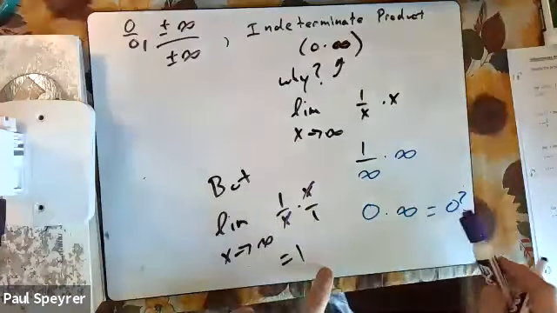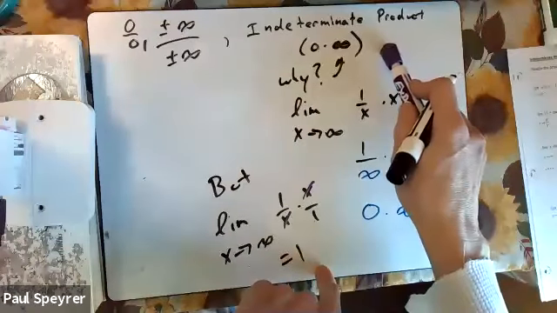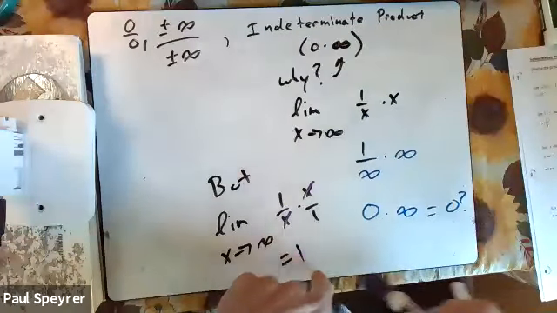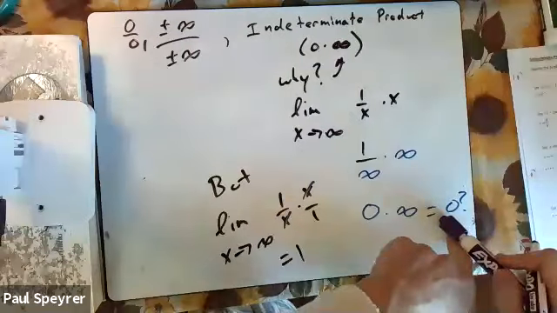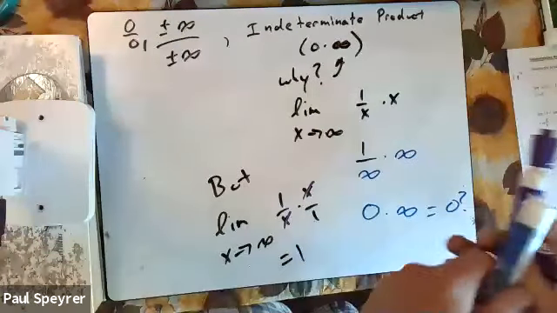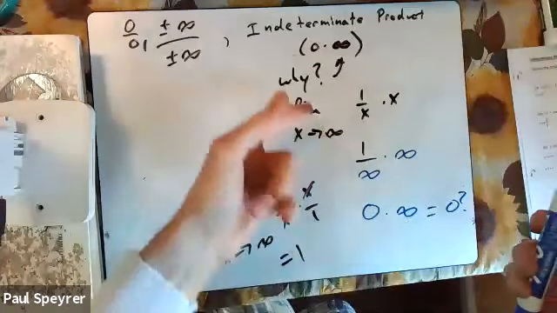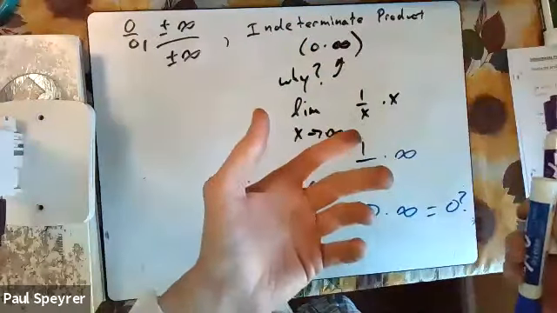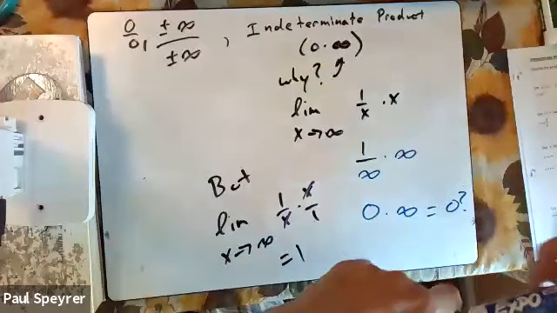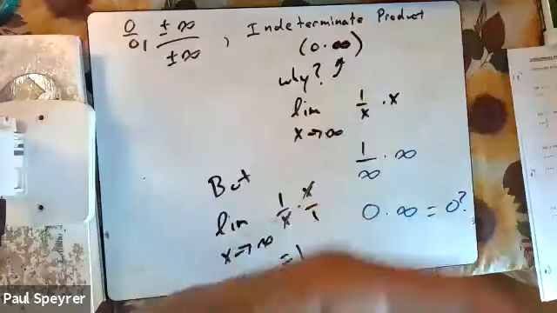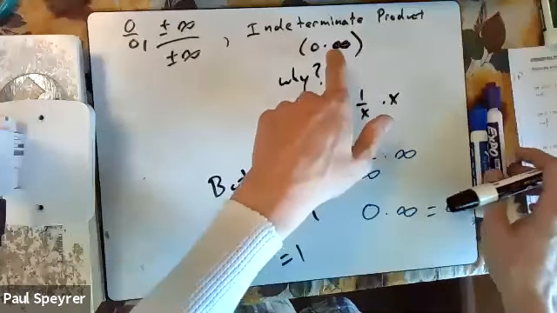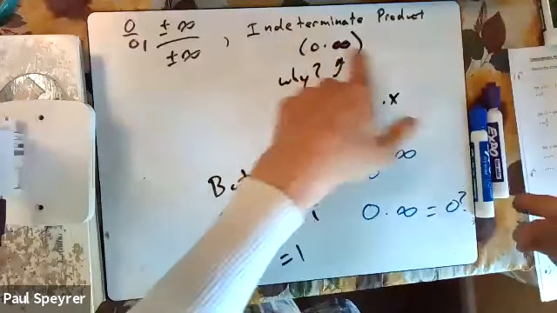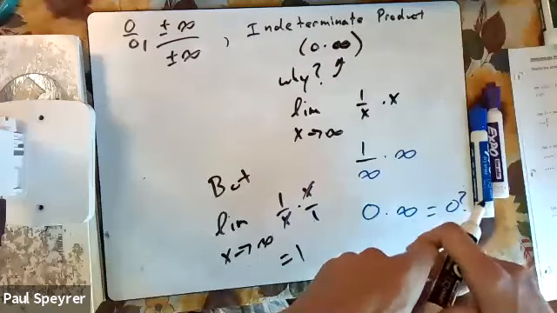But then you see, this is why it's indeterminate right here, because we can't say 100%, oh, is it going to be 1 or is it going to be 0 or something else? So you see, I worked out this problem mathematically legally in 2 different ways, but I got 2 different results. That's what we mean by indeterminate form right here. So that's the issue with having a 0 times infinity, okay?